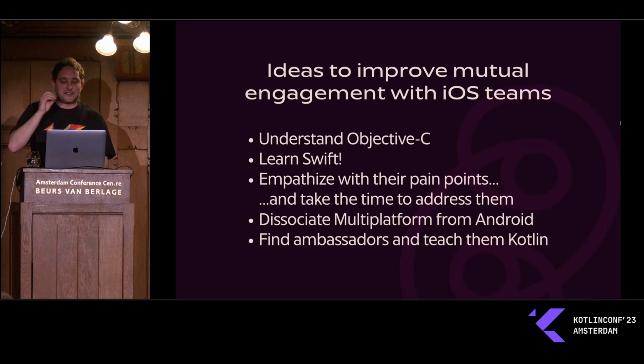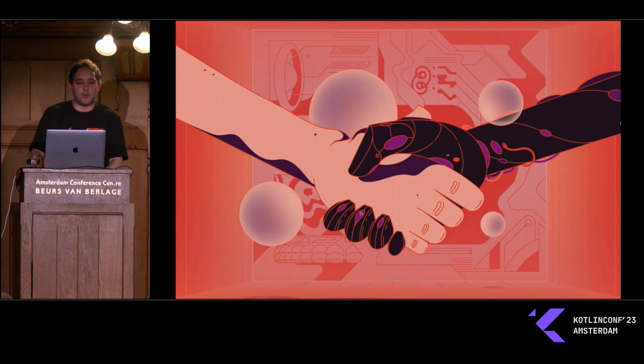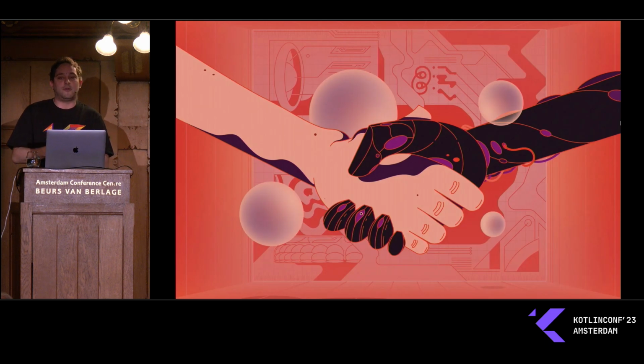This is, to me, a much better alternative than to simply force Kotlin multi-platform onto the iOS team. Because there is absolutely no reason why we can't all work together and create an amazing project.